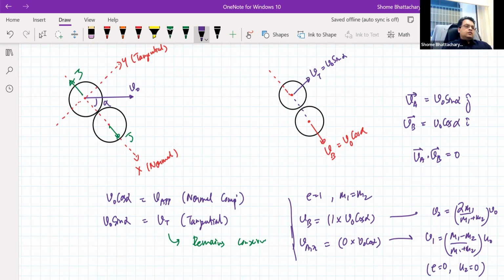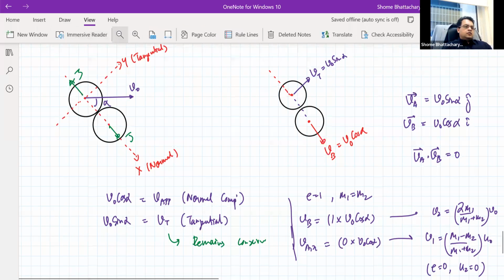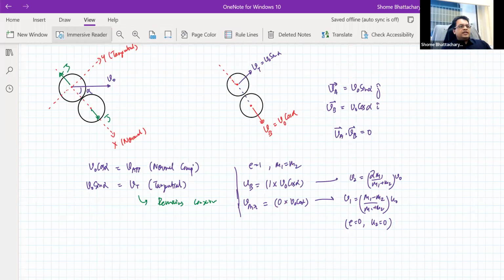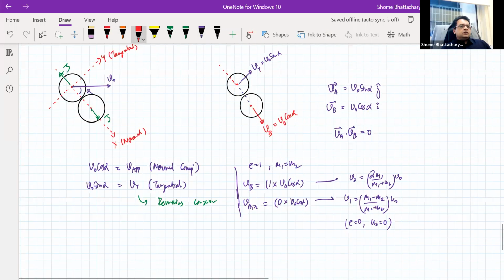Using that, along the x-axis there is a simple exchange of momentum that happens, and along the y-axis simply there is conservation of momentum for E.